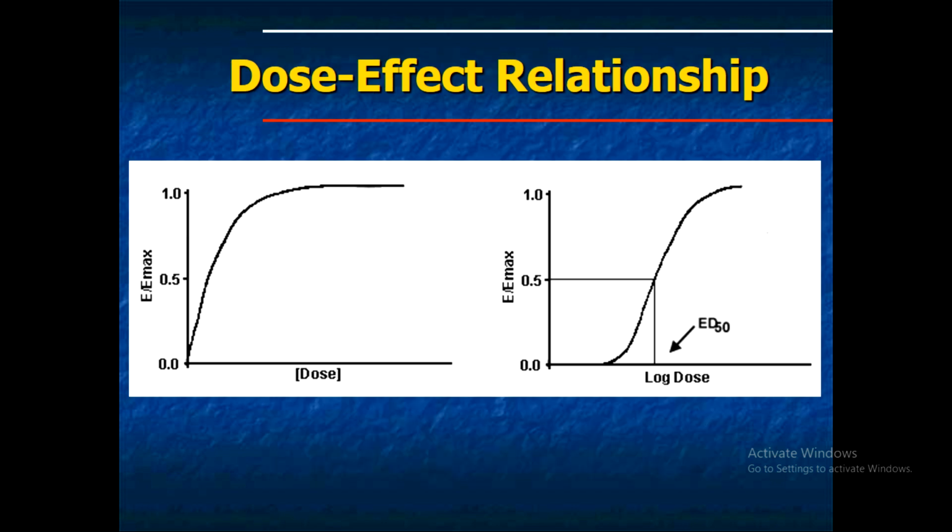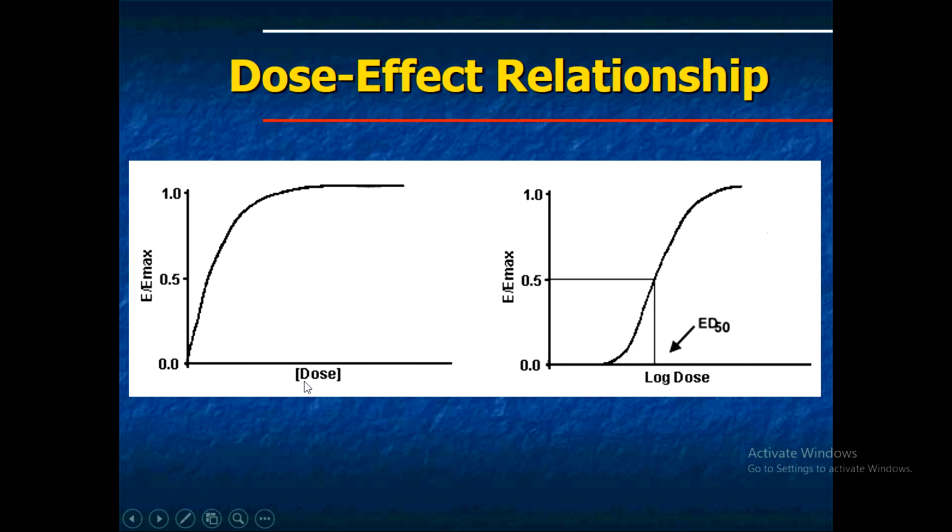So with a dose effect graph, when you are conducting an experiment, this is the graph that you get. You plot the dose against the effect. Okay, it's the same thing here, just that this one is the logarithm of the dose. You get it? The logarithm of the dose usually is better than plotting the dose itself.